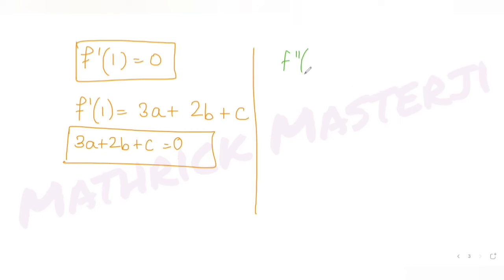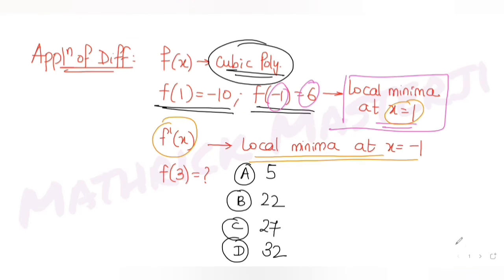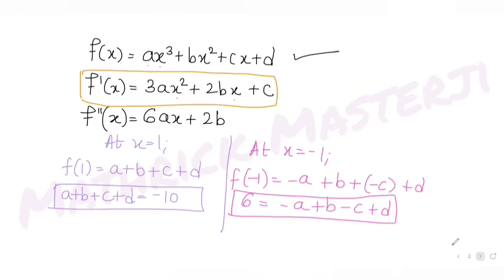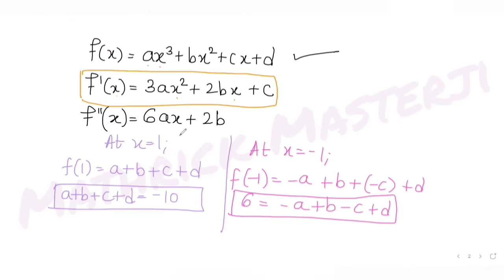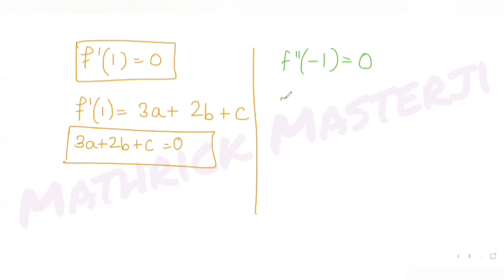So f double dash of minus 1 is equal to 0. We know the second derivative is this. If I put x equals minus 1 here, I get 6a into minus 1.